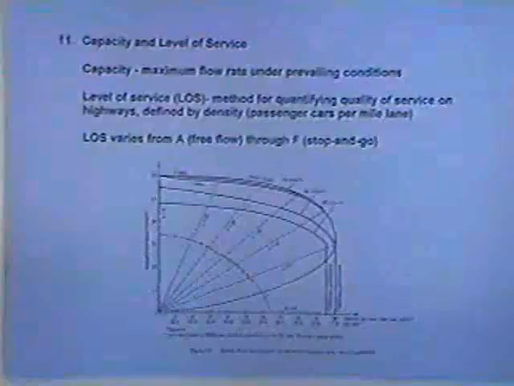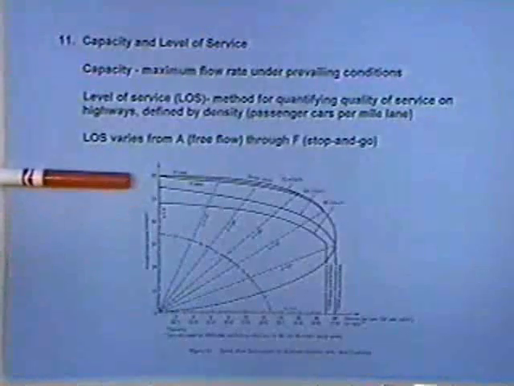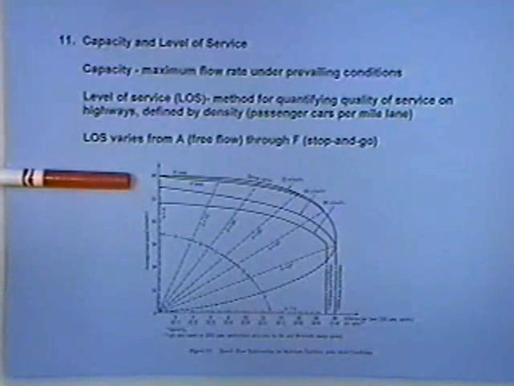Now, the curve that you see on the bottom of the page is a curve of average travel speed versus the density of a particular facility, or the volume per lane and the average travel speed in miles per hour.